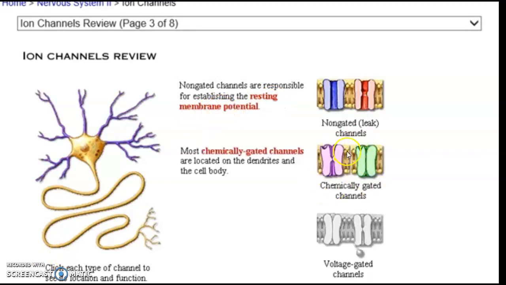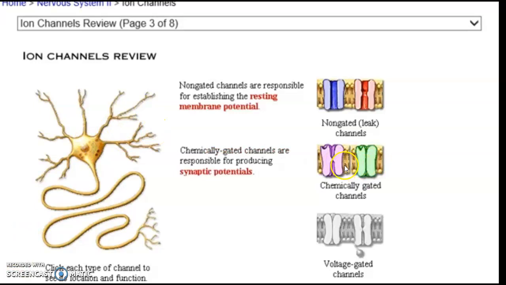Our chemically gated channels, meaning the chemical being the neurotransmitter, are going to be found in the receptive areas where we're going to receive the neurotransmitters, where the synapse is going to take place to this neuron. Well, we find that on our dendrites and on the cell body. So we find these areas here on the dendrites and cell body because that's where they're going to receive the neurotransmitters.